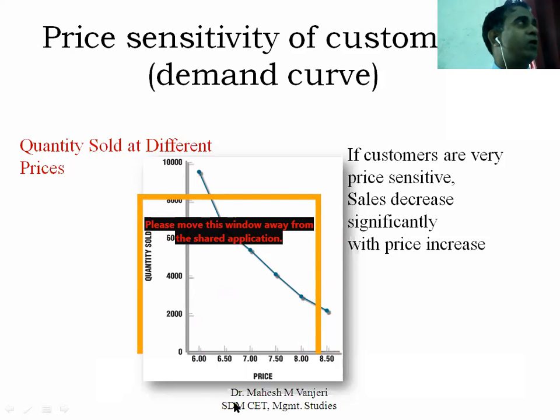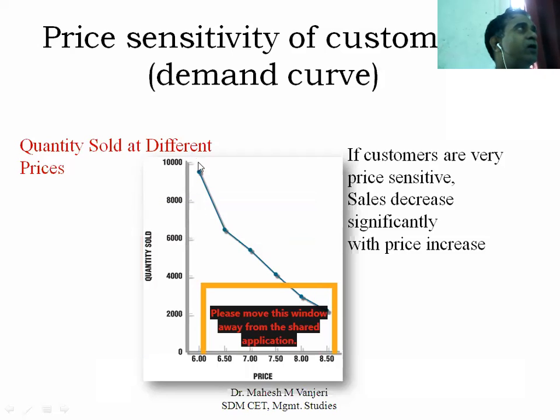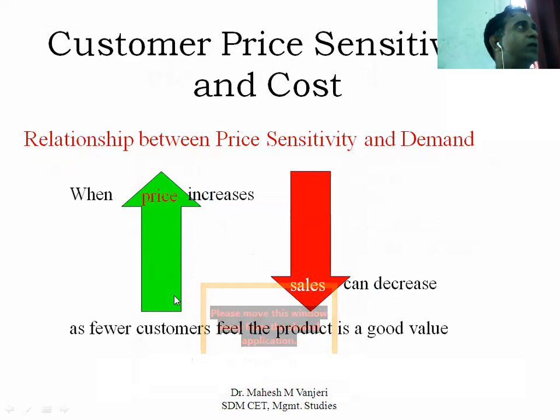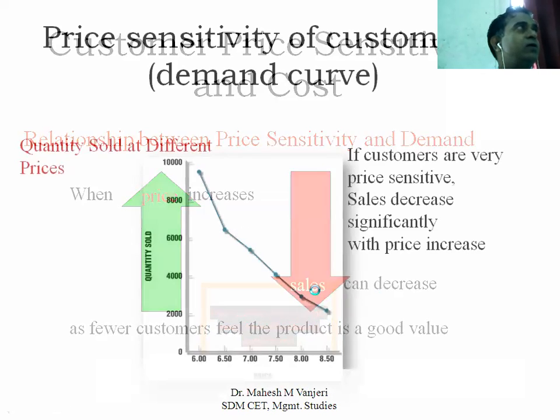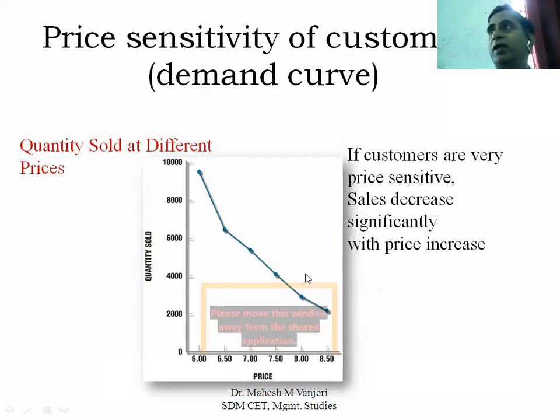At $7.5, the demand decreases to 4,000 units. At $8, it decreases below 4,000 units, and so on. So the demand curve is just what we learned here: when the price increases, sales can decrease. That's it, nothing more than that.